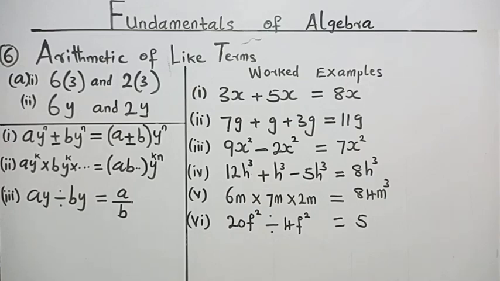And what is the variable that they are quantifying? It is h to the power 3. What if what I have here is h to the power 2, and h to the power 1, or h to the power 4? That way, they will not be called like terms because the variables appear in different powers.